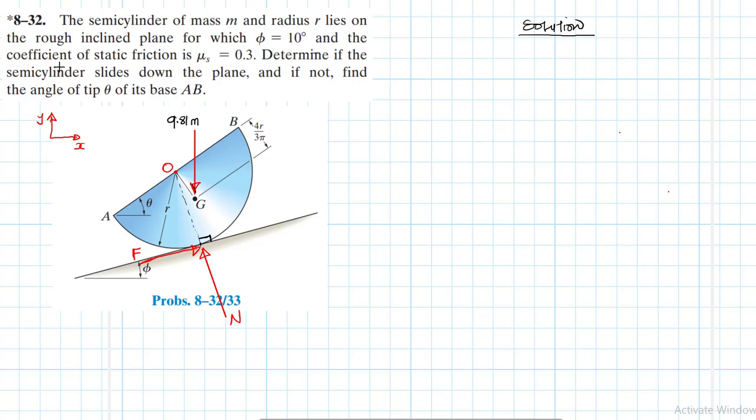So we expect components from F, one like this and another one like this. These are components of F, and this is phi there.